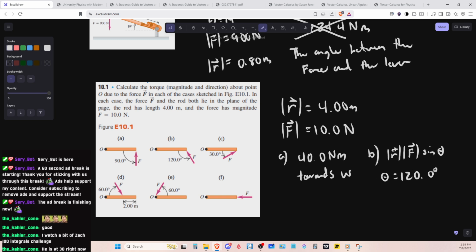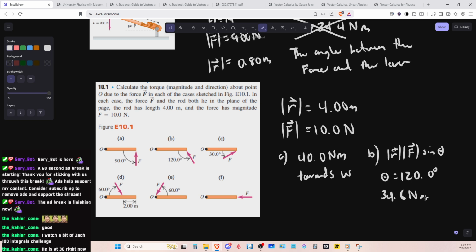The angle is the angle between the force and the lever. So we have 4 meters times 10, but then sine of 120. That would give us 34.6.